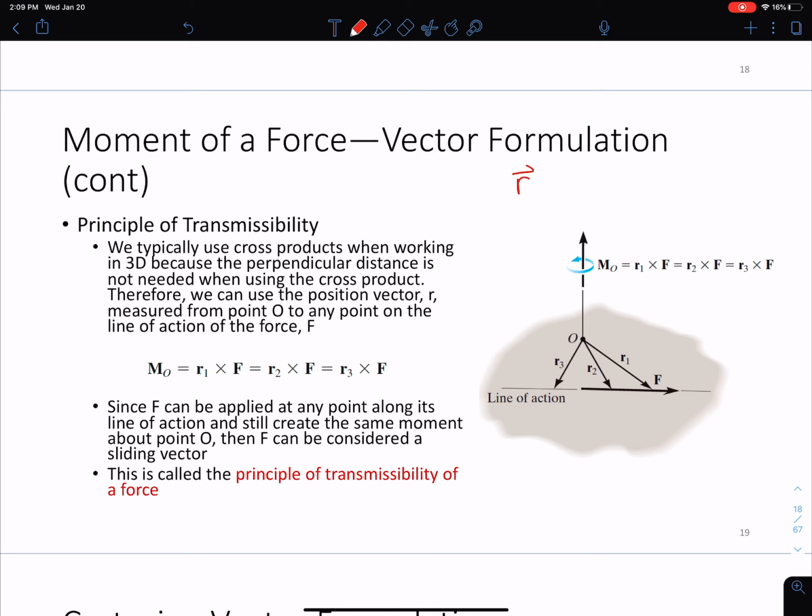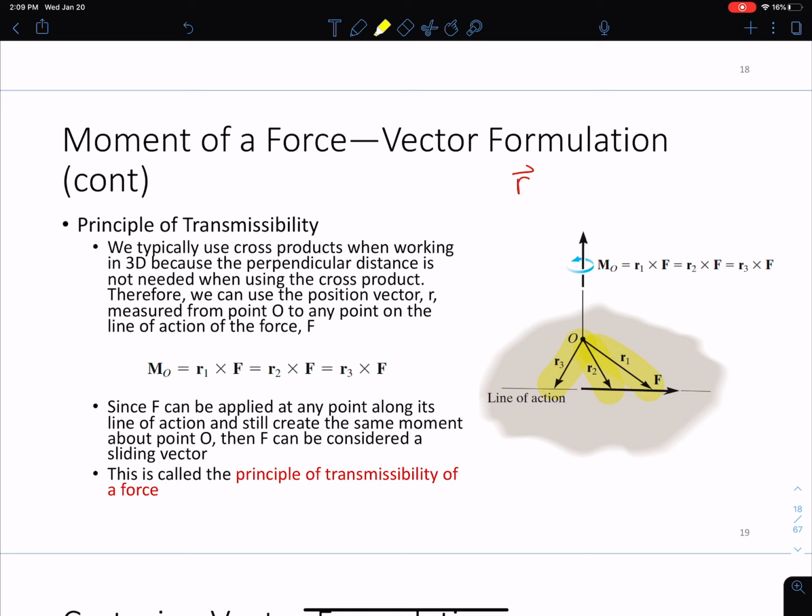So what we can do here is take the line of action of the force, and it doesn't matter which distance we're using, we'll get the same thing regardless. So any of the distances measured from point O to the line of action can be used to figure out our r, and this is called the principle of transmissibility of a force.